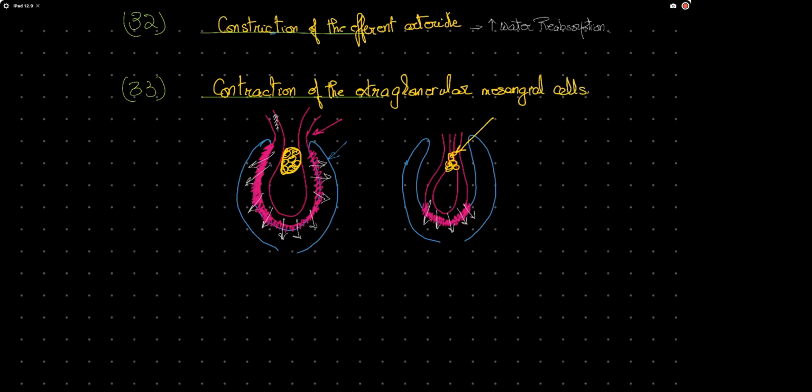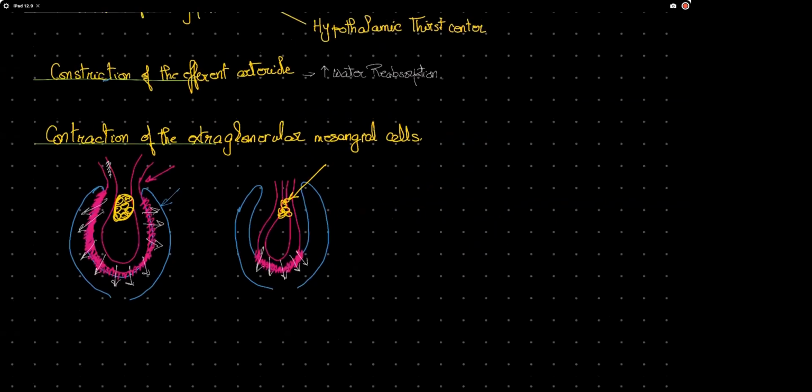And remember, contraction of the extraglomerular mesangial cells is going to result in a decrease in filtration. And as a result, retaining more water in my blood, because I'm not losing it out in the urine. And as I retain it, my blood volume goes up, blood pressure goes up.